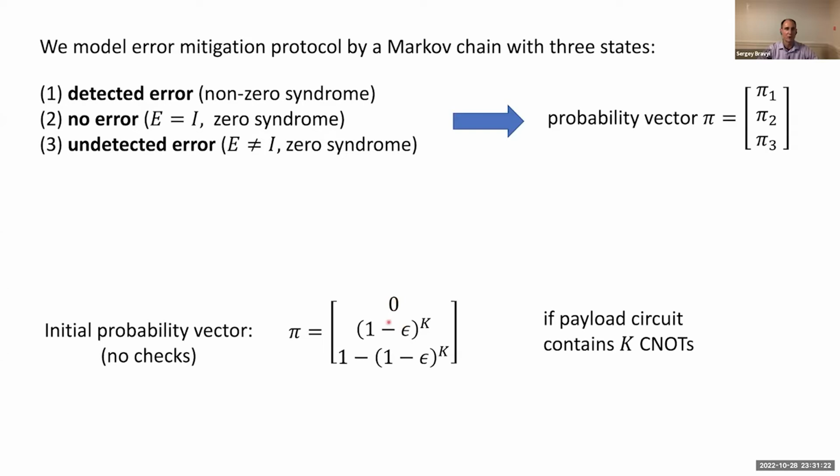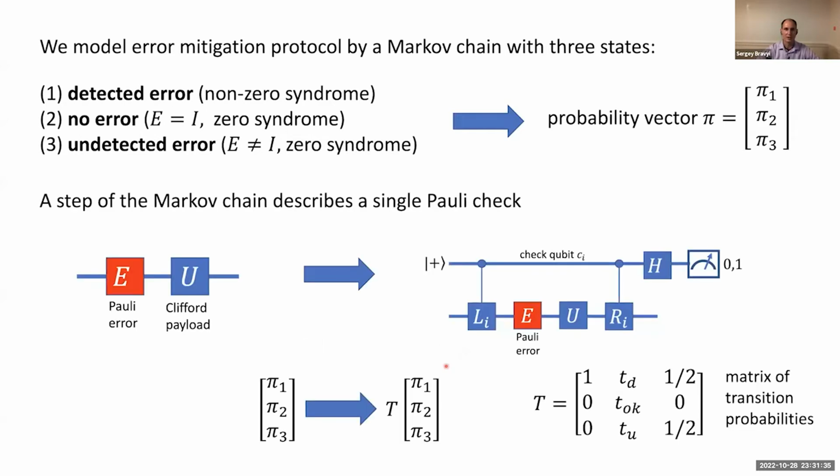The probability of no errors is (1 minus epsilon) to the k, where k is the number of CNOTs in the payload circuit, and so on. And we model the application of Pauli checks by a Markov chain. Each time we apply a new Pauli check, the probability vector is updated by applying a certain 3 by 3 matrix of transition probabilities.